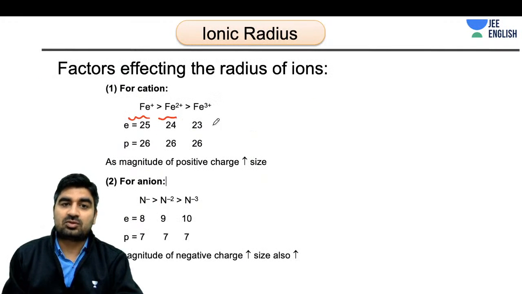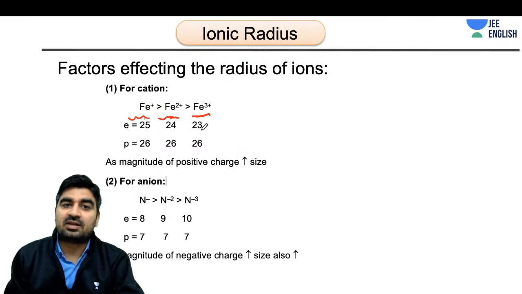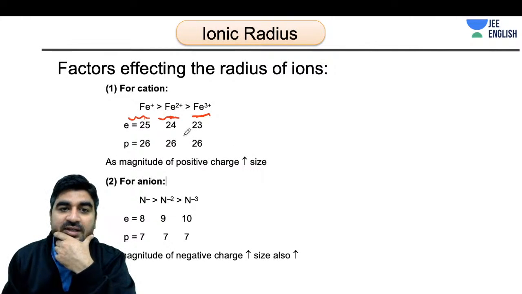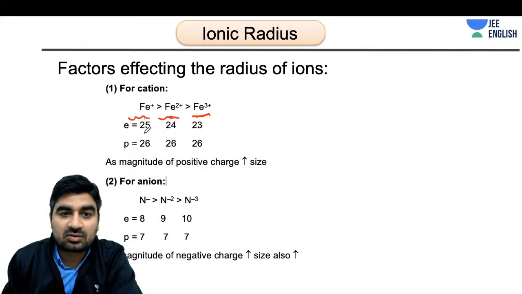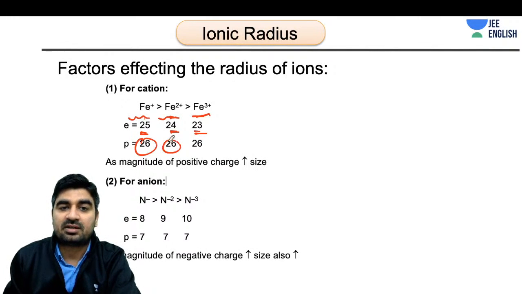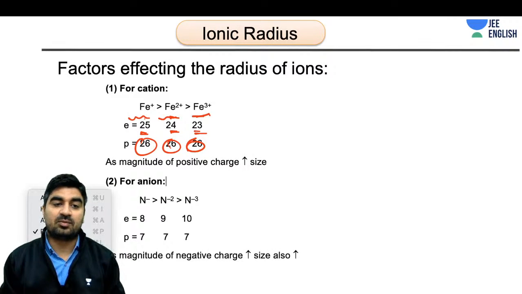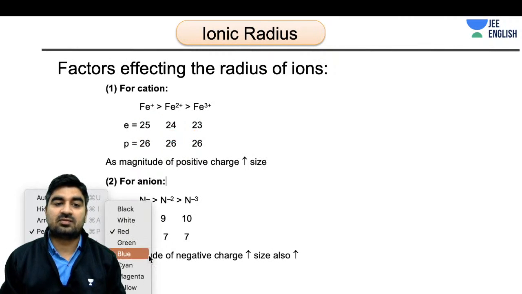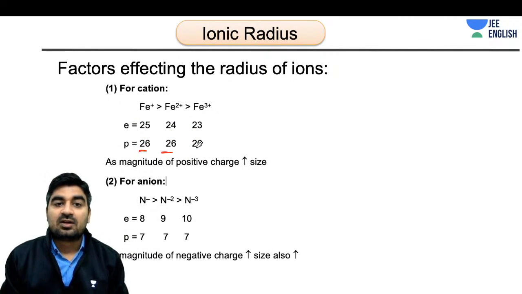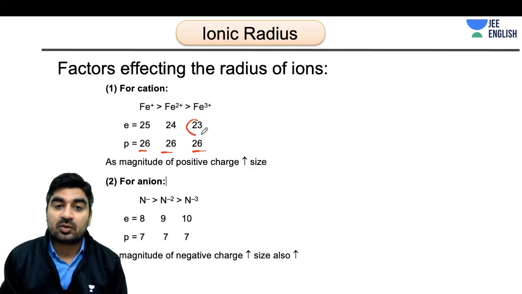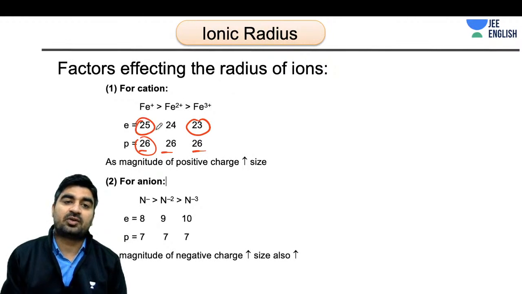If I talk about cations, Fe plus, Fe2 plus, Fe3 plus, what is going on here? The number of electrons is 25, 24, 23 and the number of protons is 26. In which case will the net attraction be more? 26 protons attracting 23 electrons or 26 protons attracting 25?